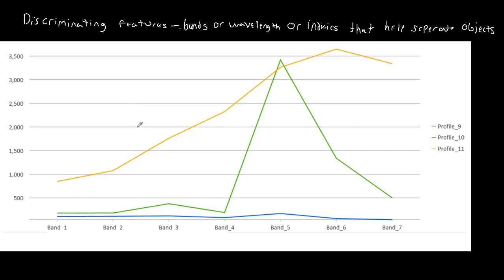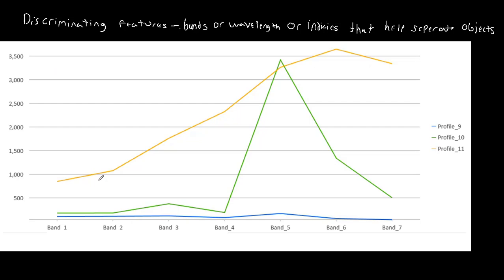Full disclosure, these are just three spectral profiles. You'd probably want to do a lot more to get a good average and be sure you're making the right choice. But this gives us a good example of how I would approach this, and how we can connect what we see in a spectral profile to what we might expect to see in an image.